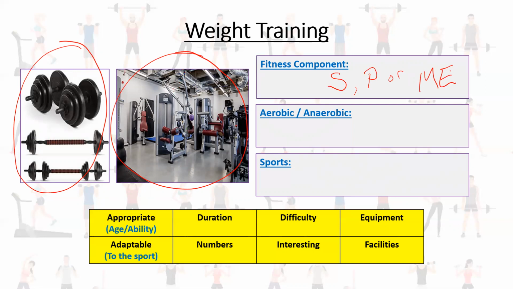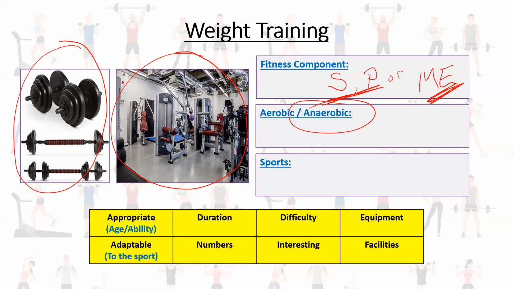Depending on how you structure your training, it could be that you're lifting heavier weights and fewer repetitions. For instance, maybe 4 to 6 repetitions, that's going to target strength and power. Whereas if you're doing upwards of 12 repetitions, obviously on a slightly lighter weight, you're lifting the weight more often, that's going to be muscular endurance.